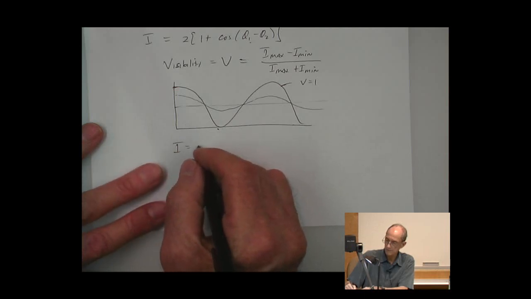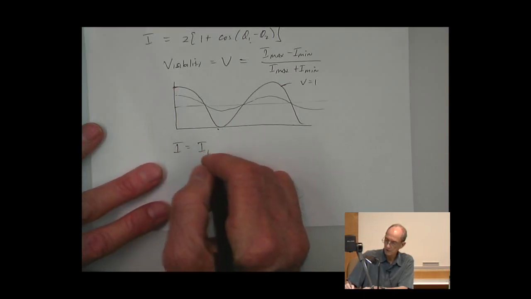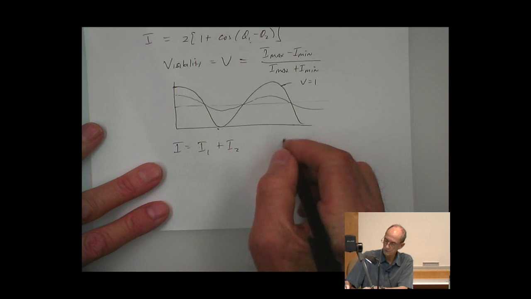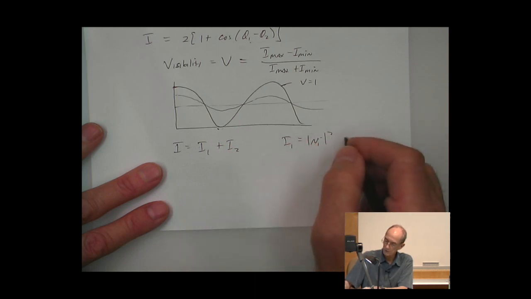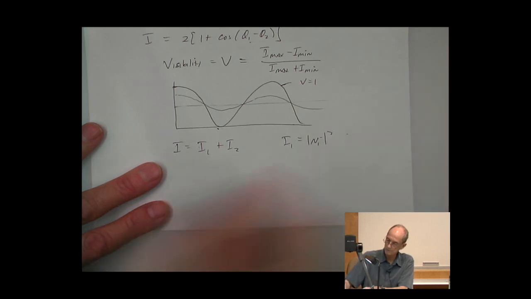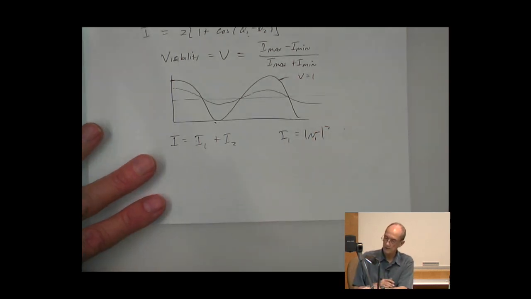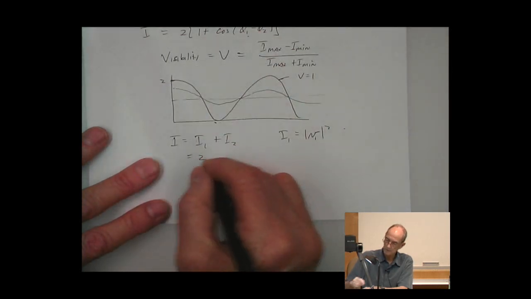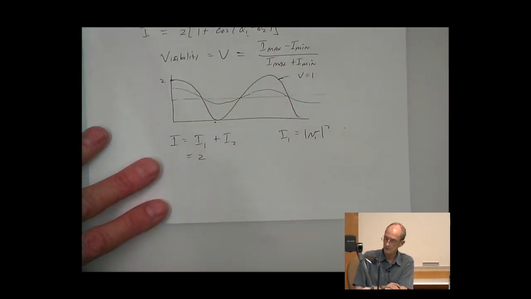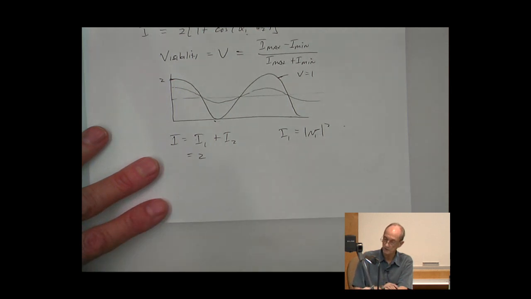And if we had incoherent light, this would just be equal to I1 plus I2, where I1 equals V1 squared and I2 equals V2 squared. All right? And so in this case, this would just be equal to 2 if the magnitude here is both equal to 1.